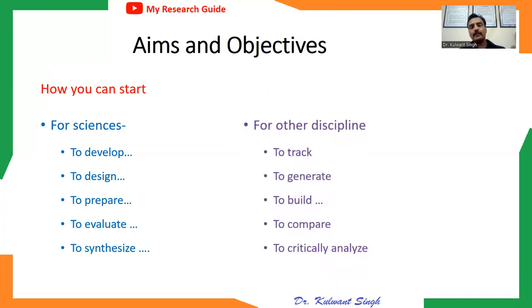And for other streams, to track, to generate, to build, to compare, to critically analyze, like this. So we can write the aim of our research work by using these phrases.